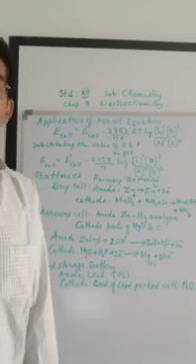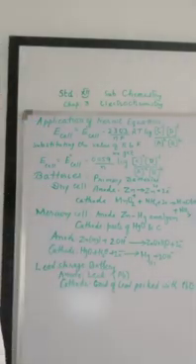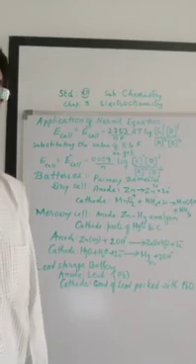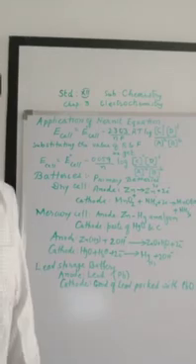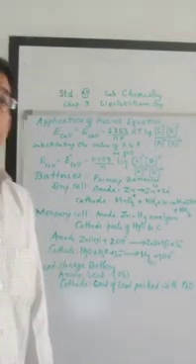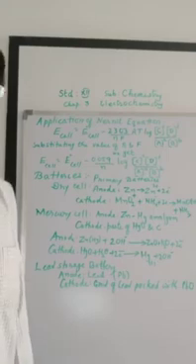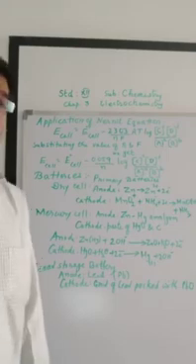And at the cathode, the reaction is O2 gas plus 4H+ plus 4 electron gives 2H2O. Overall reaction: 2Fe plus O2 plus 4H+ gives 2Fe2+ plus 2H2O.